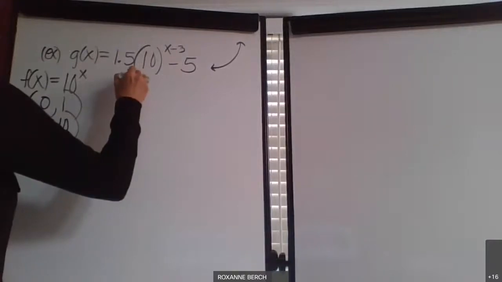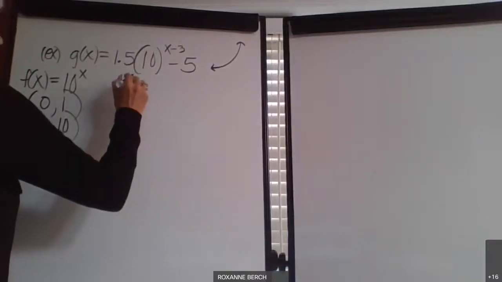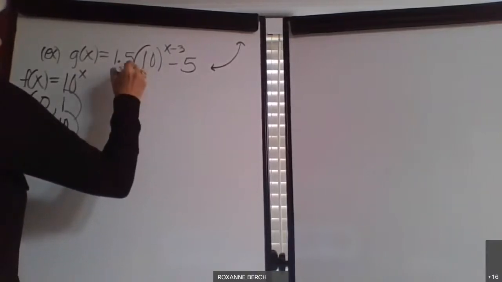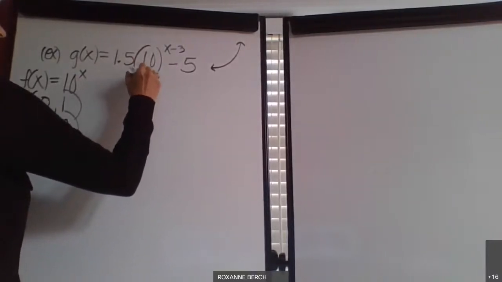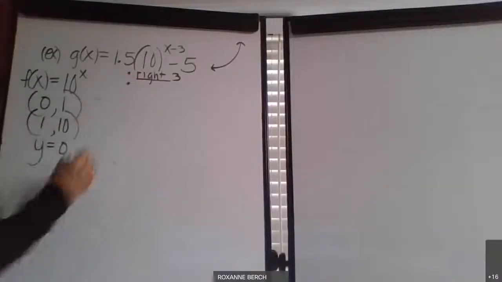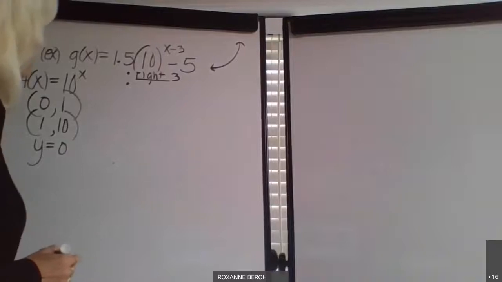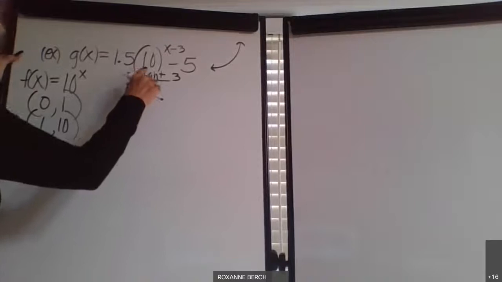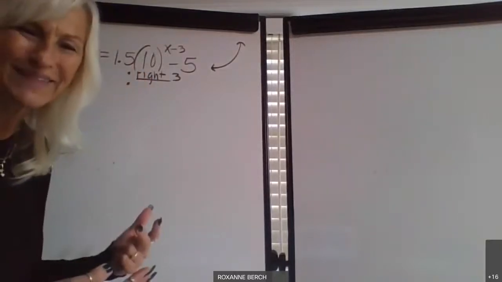All right, here we go. State the transformation, please, and can you guys take turns telling me what the transformation is? Right 3. Right 3, good job. Somebody else? Now, a lot of times students want to include the parent in the transformation.